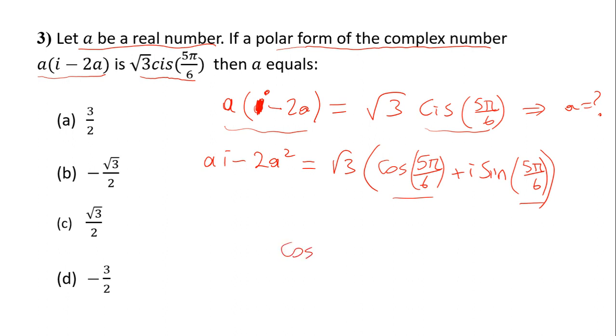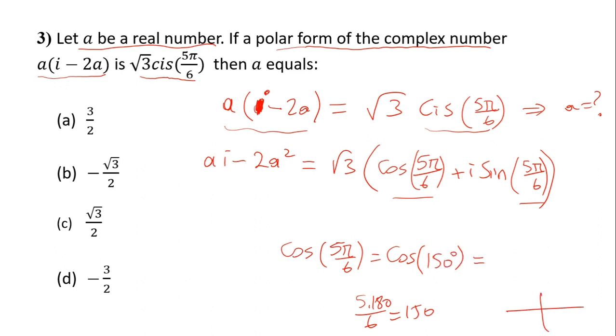If you change it to degrees, it will be 5 times 180 divided by 6, which is 150. So it's 150 degrees, and 150 degrees is here. So we take its reference angle, so it has to be equal to cosine 30, but cosine is negative here, so we put negative.